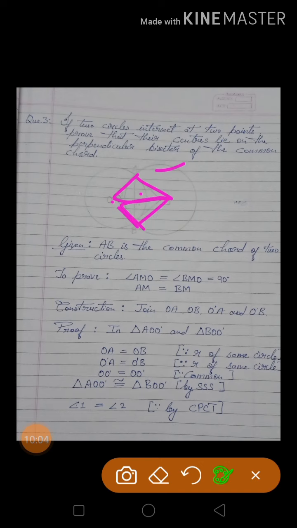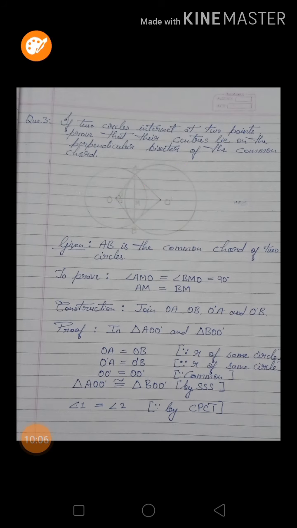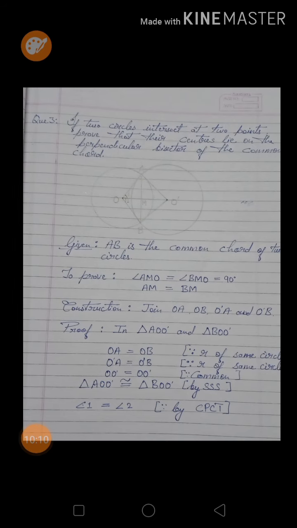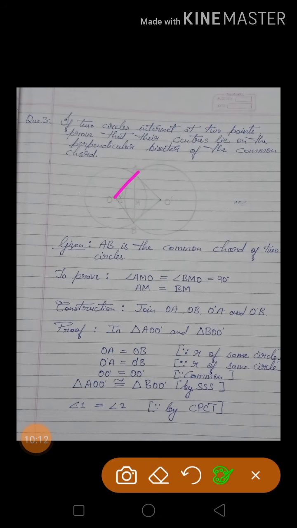In these two triangles we can see OA is equal to OB. Why are these equal? Because these are the radii of the same circle.